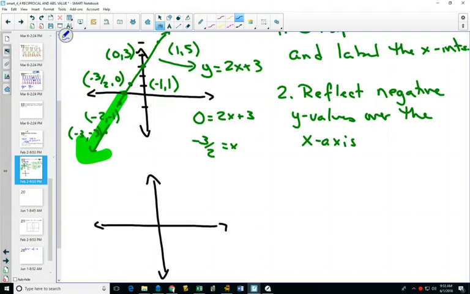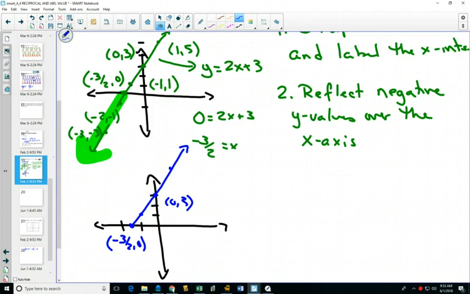And wherever my graph was positive before, so at 0, 3, I'm going to label my x-intercept. We had negative 1, 1, 1, 5. This part of my graph stays the same because all my y values are positive, so the absolute value will not affect them whatsoever.